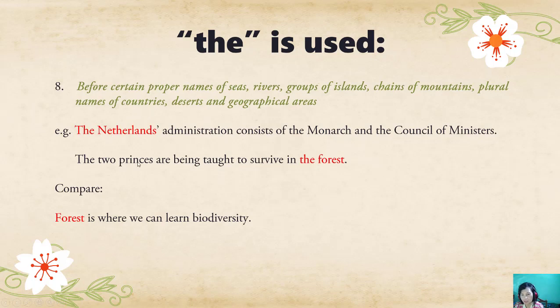The two princes are being thought to survive in the forest. So the forest is geographical areas. But compare, forest is where we can learn biodiversity. So forest here without the, because it shows the concept of what forest is.